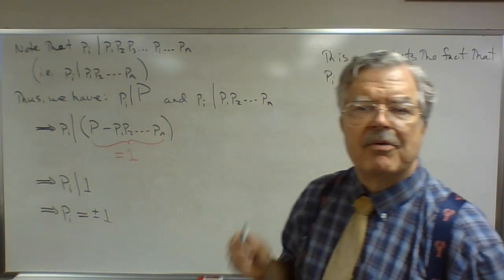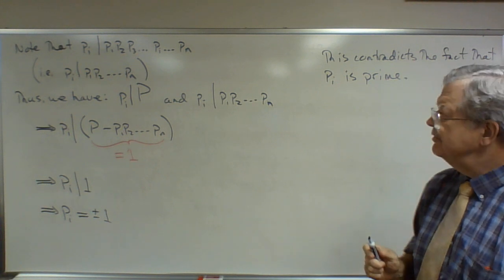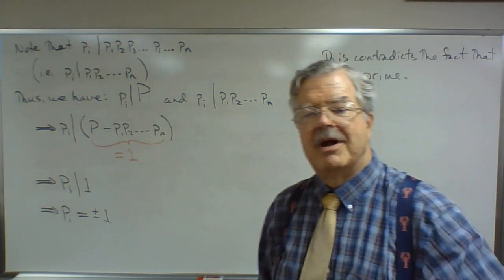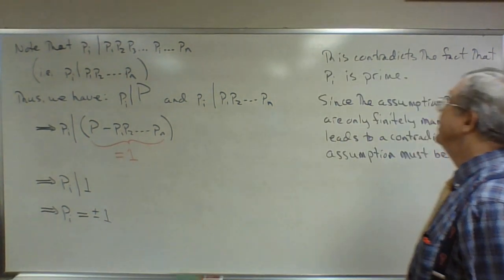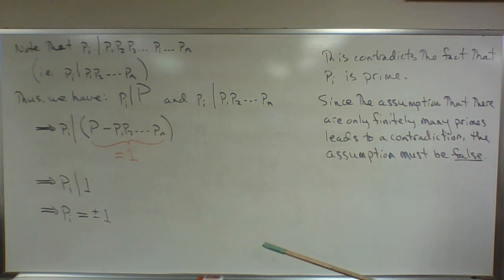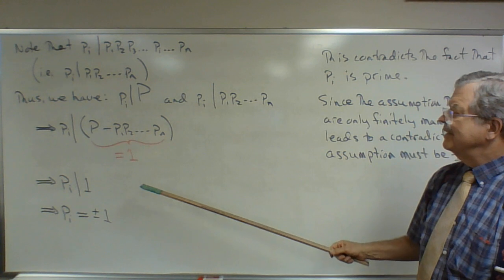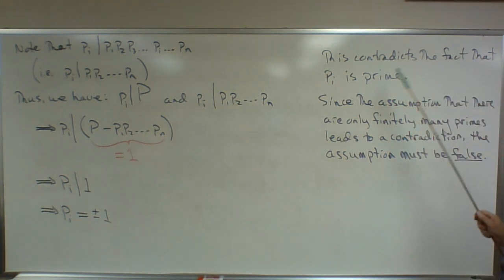A prime number has to be greater than 1. It has to be greater than or equal to 2. So let's summarize what just happened here. The fact that P sub i is equal to plus or minus 1 contradicts the fact that P sub i is prime.